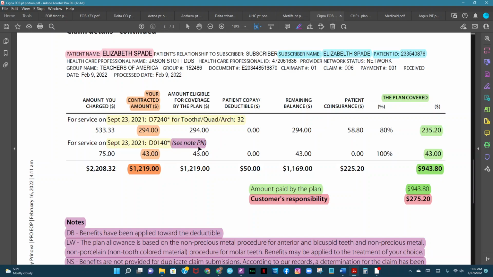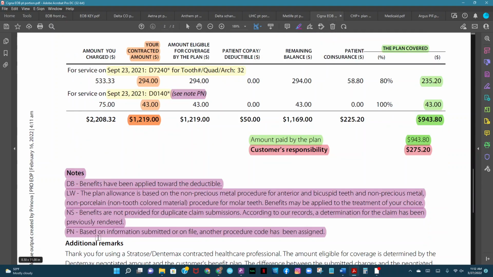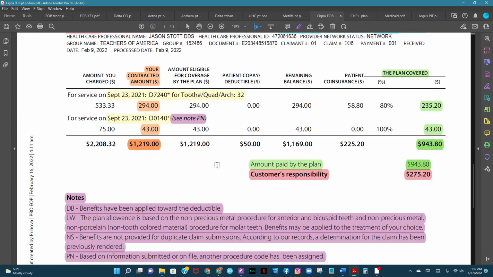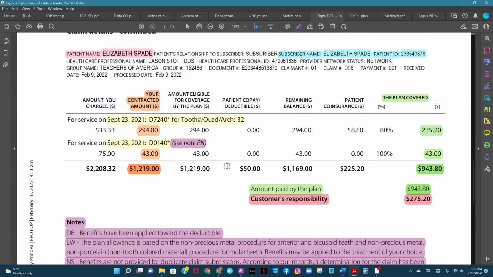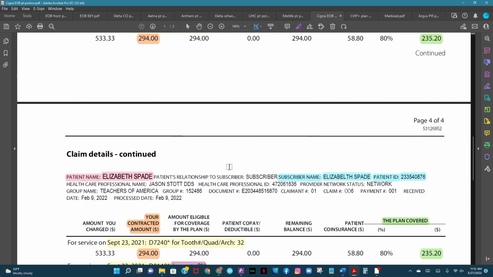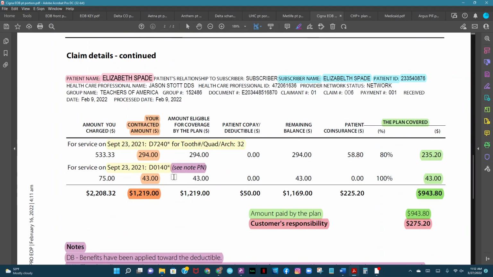So these coverages of the 80 and 100% are actually accurate. We do have a note here for PN. Based on information submitted or on file, another procedure code has been assigned. Okay. So they must have just given a different exam code for this. So in EagleSoft, it might be different.